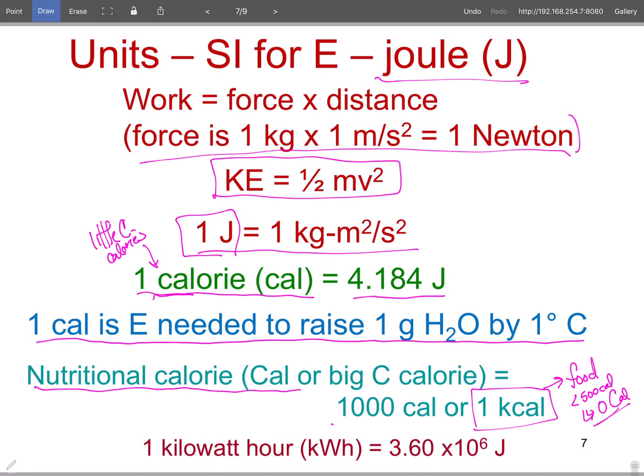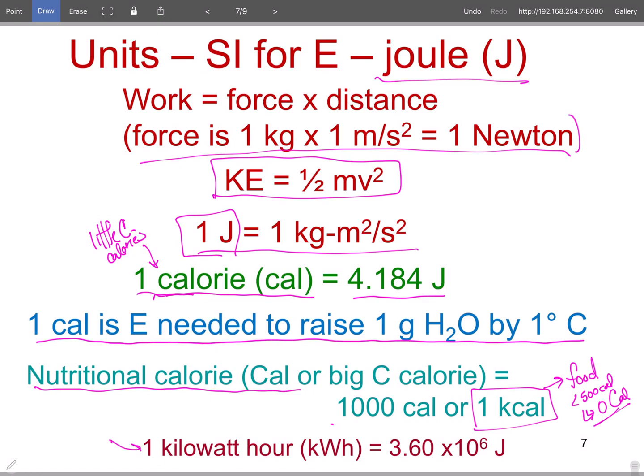So let's say Coke Zero has 495 little c calories. No, that wouldn't work because that would round up. So 490, then that's still less than 1 calorie. That's 0.5. So that's not 1 calorie. So that's how they do that.